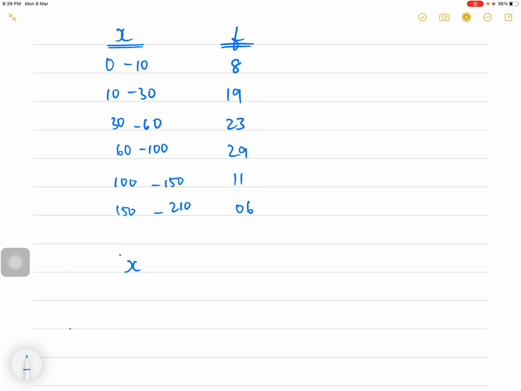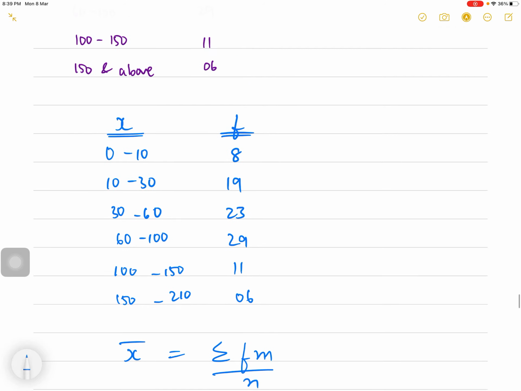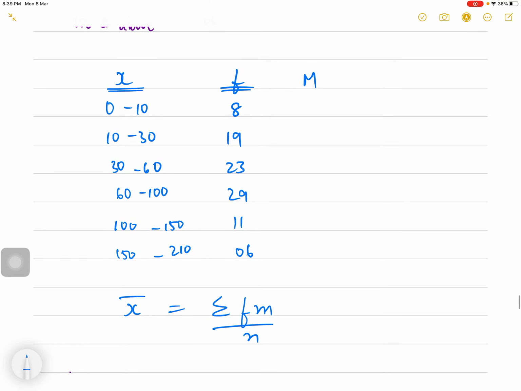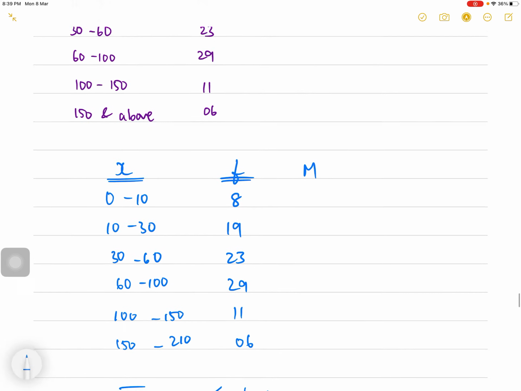For the direct method, the formula is x bar is equal to summation fm upon n. M is the midpoint.